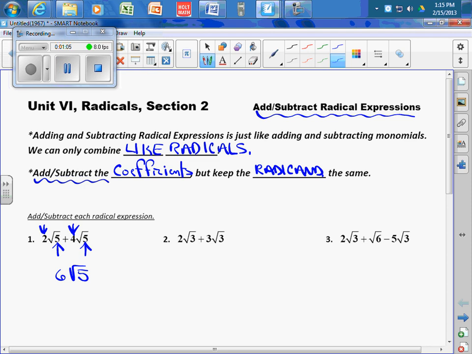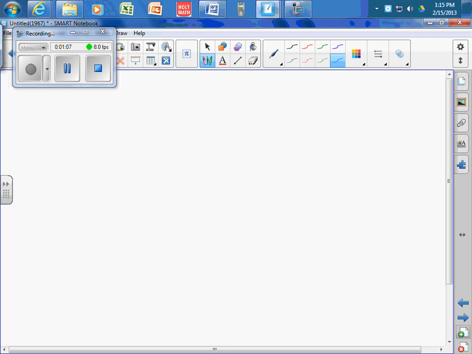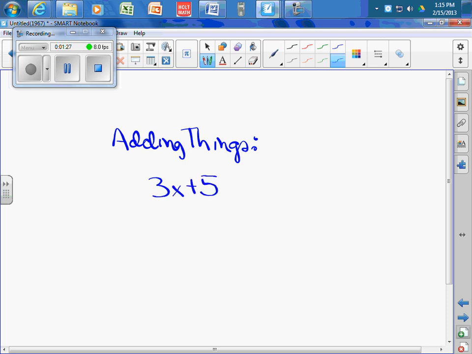Well, now keep in mind that what we're doing is we're just adding things. And what are those things? Well, it's whatever we're adding together in the first place. So, for example, when we were talking about adding monomials, the 3x plus the 5x, the terms, in this case the x's, are the things that we have.